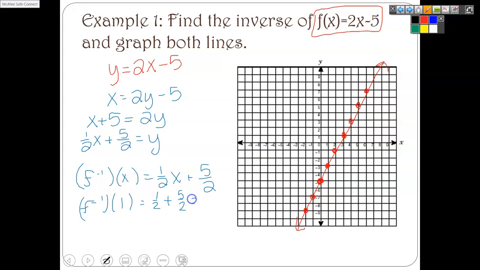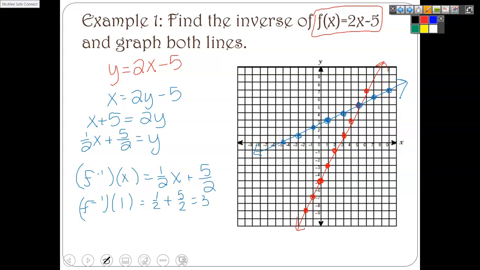So f inverse of 1 is a lot nicer to be my starting point, because x being 1 and y being 3, now taking a slope of 1/2, is much nicer.